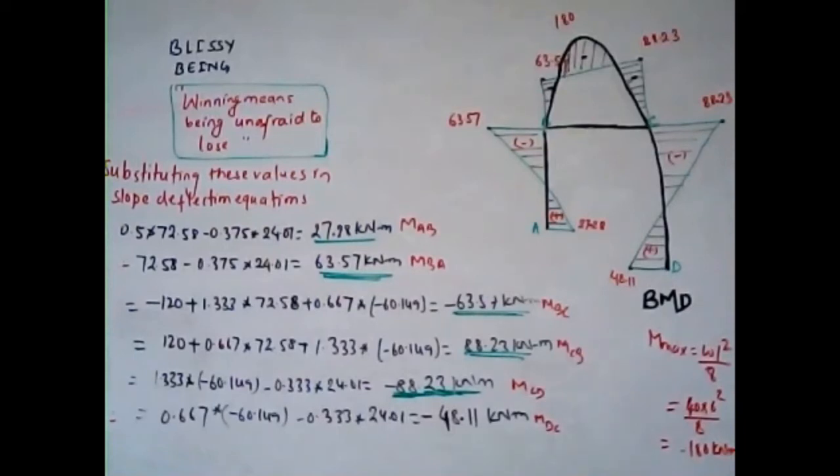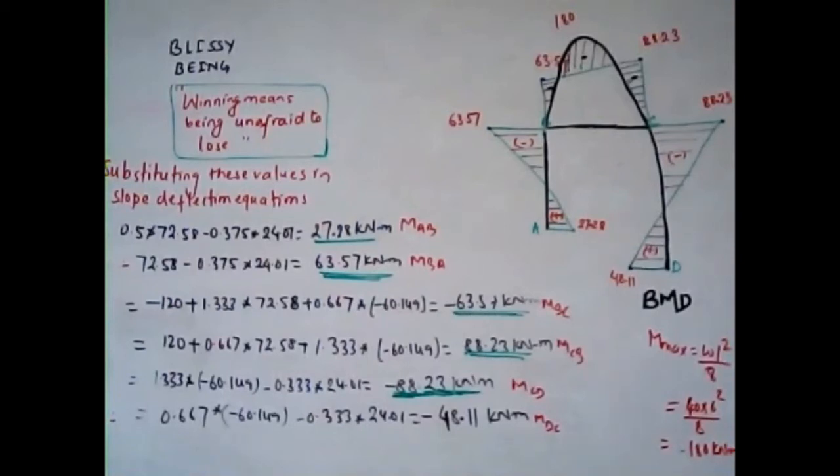So AB is positive 27.28, so we locate the positive inside the frame. Going through BA, BA is 63.57, so you need to move to joint B. At joint B, 63.57 came out to be positive.